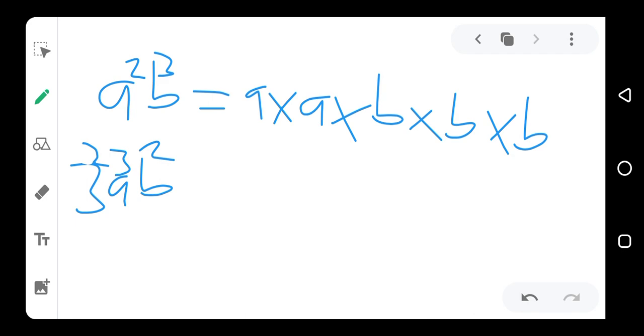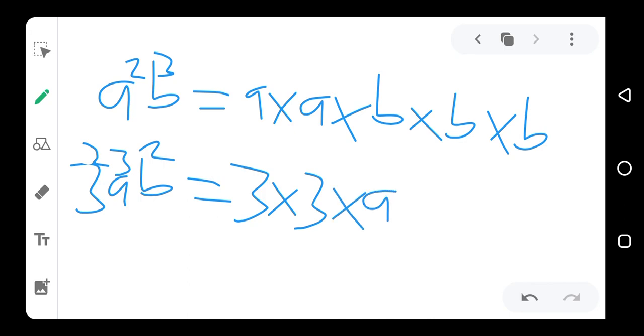If we expand this, we are going to get 3 times 3 times a times a times a times b times b.